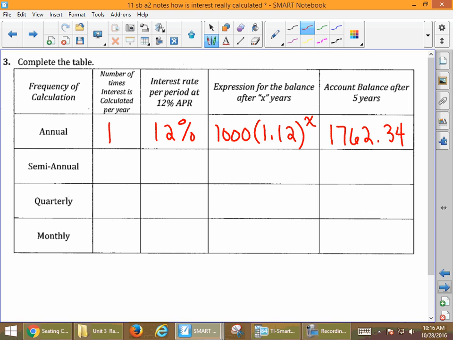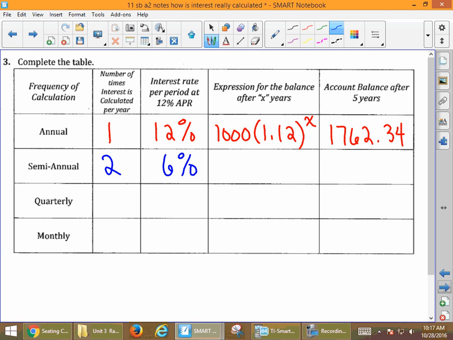Well, then we changed it up a little bit. We said semi-annually. And in our problem, the semi-annual told us that we are going to be calculating twice a year when we calculate that. And we then get charged 6% twice a year.